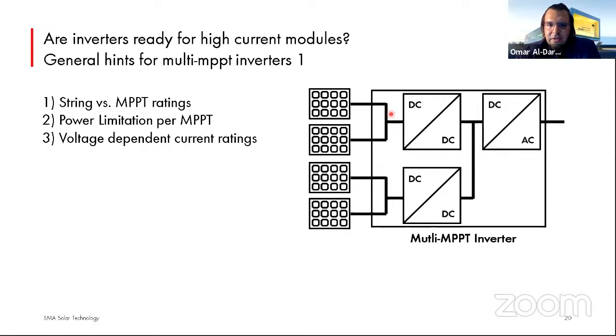Some manufacturers also limit the power per MPPT. That would lead to extremely high clipping losses if you're using such high string power on your MPPTs. And finally, some ratings are voltage dependent, so you need to take care of your worst case voltage, irradiance, temperature combination in that case.